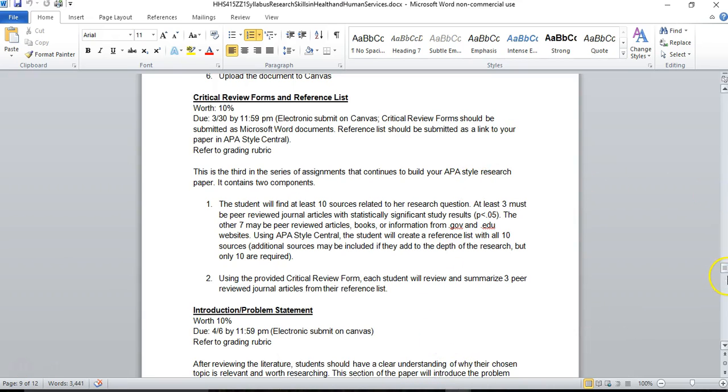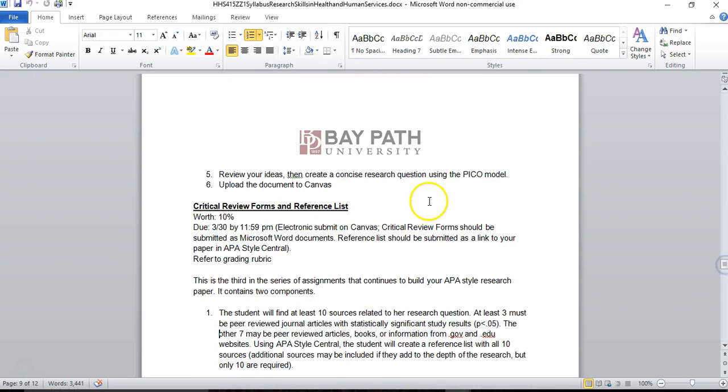So you can download that into a Word document, and then you're going to review it and then create a concise research question using the PICO model, and then you're just going to upload the document to Canvas. I would recommend uploading all of it, so the notes that you get from going through the prompts on APA Style Central, keep that in there because that'll kind of show me your process.